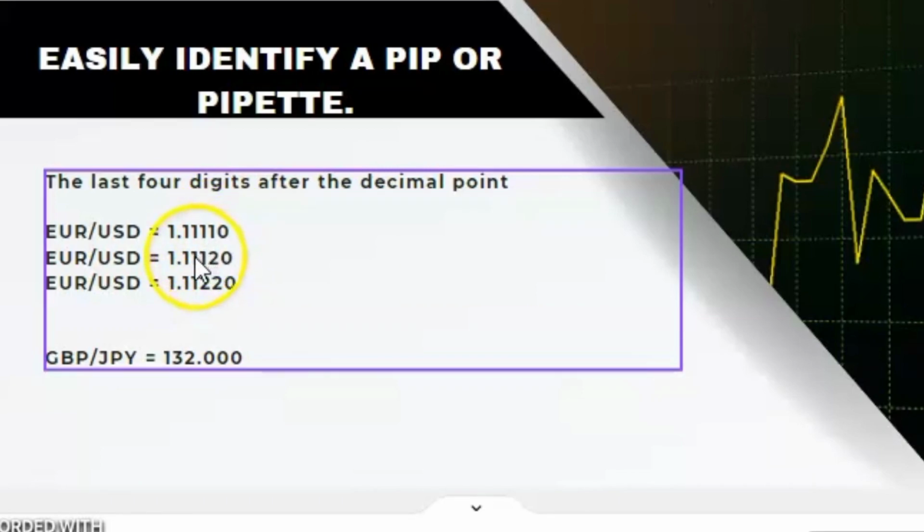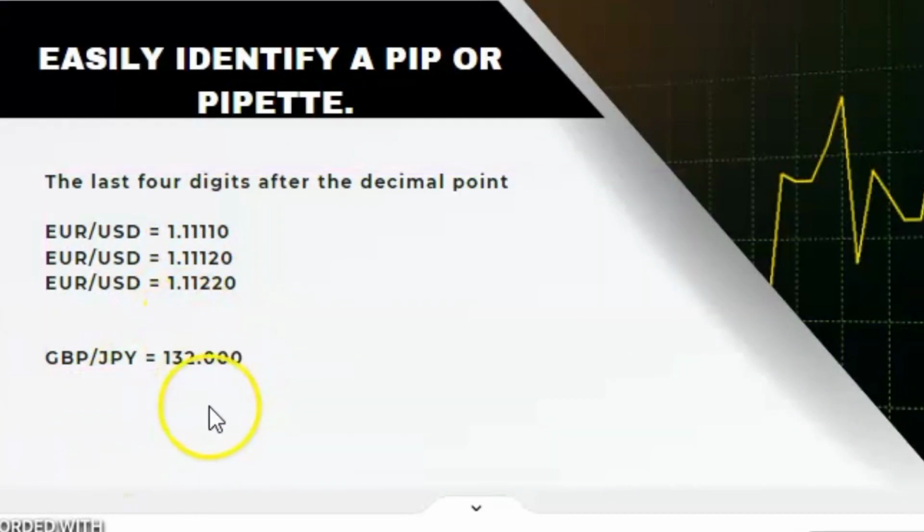Most times, the usual standard for major currencies is 4, while for minor currencies it is 2. But in this case, the particular broker we are using uses 5 for major currencies and 3 for minor currencies, like I told you in the previous video.